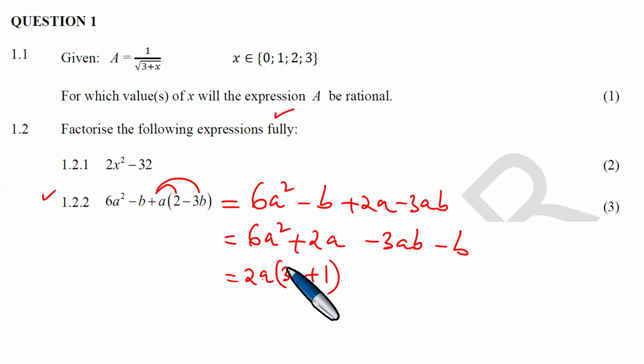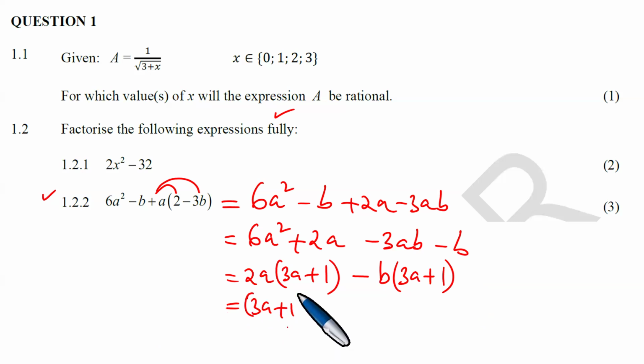Because if you factor out 2a, you divide 6 by 2, you get a 3. And then out of a squared, you take out 1a, you're left with 3a. And then here you take out b, in which case you're left with 3a and 1. You get the point. And then now you take out the common factor, 3a plus 1.